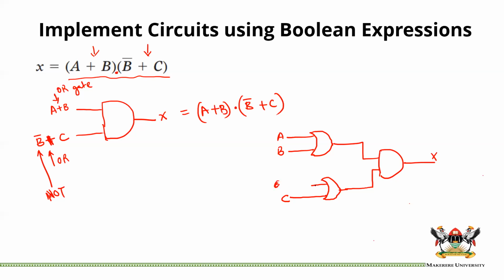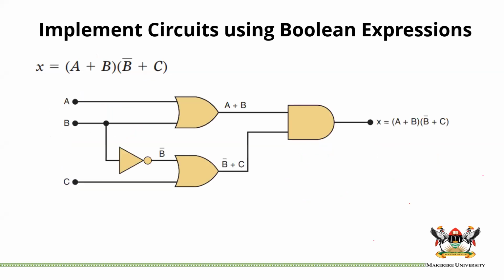But the B going in here is inverted, so I can put an inverter here. So B goes through here, and by this point it is inverted, and you have C here, meaning you have B or C. Here it's A, B, you have A or B, and you'll get your output, okay? It is as simple as that.